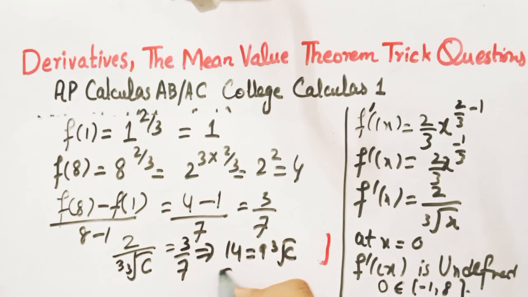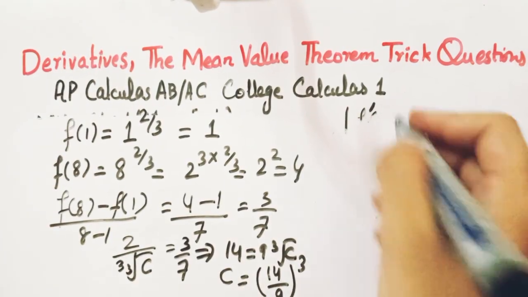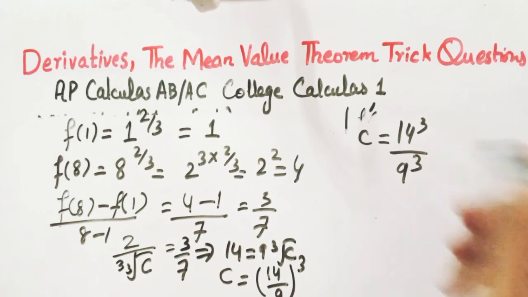So what will be the value of c? It will become 14 by 9, raised to the power 3. So c equals 14 cubed divided by 9 cubed.